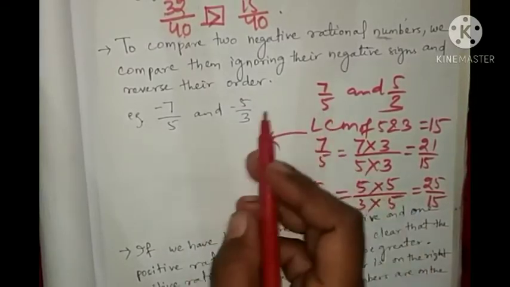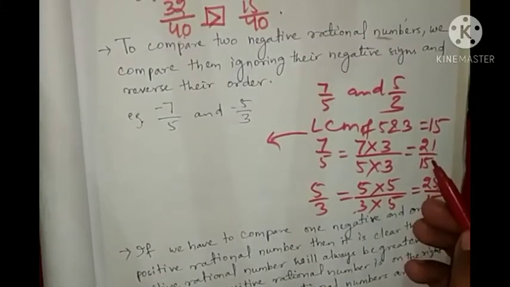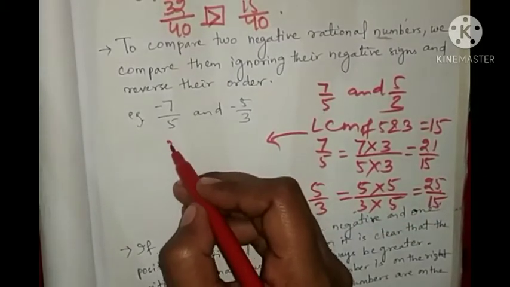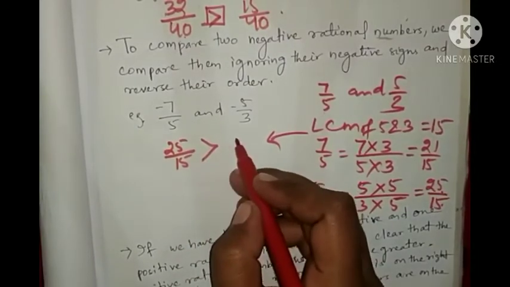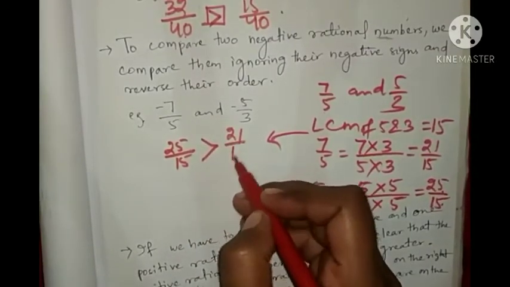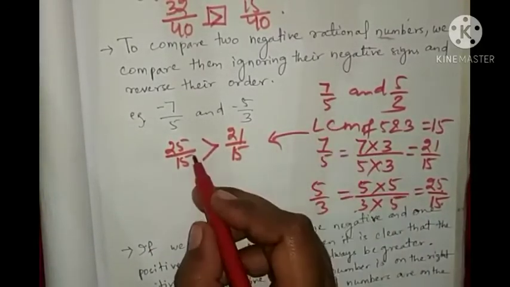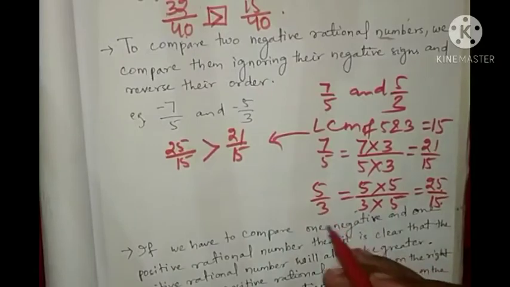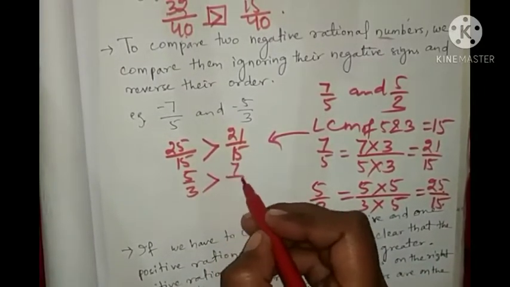So what can you get? 25/15 is greater than 21/15. You can write this as 25/15 is 5/3, so 5/3 is greater than 7/5.